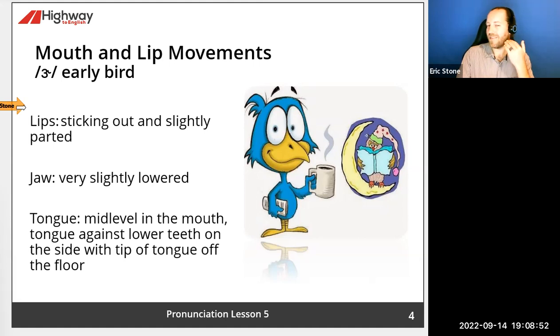Your jaw should be slightly lowered, and your tongue should be in the middle of the mouth, touching the teeth on the top, but the tip of the tongue touches nothing. Okay? So it's er, er, er. Okay? Early bird. Very good. Any questions for me?